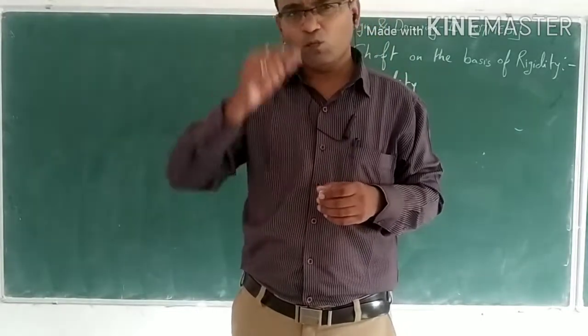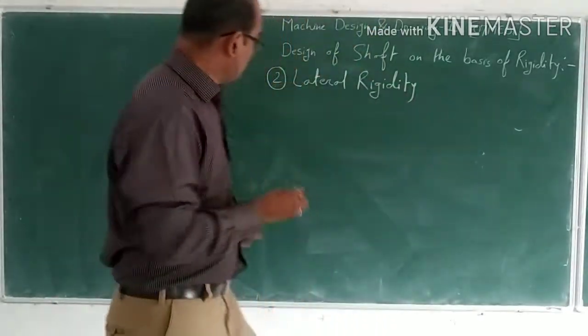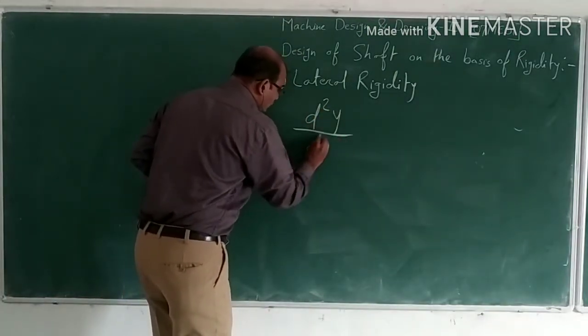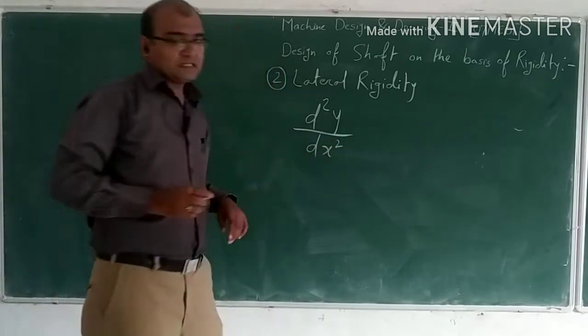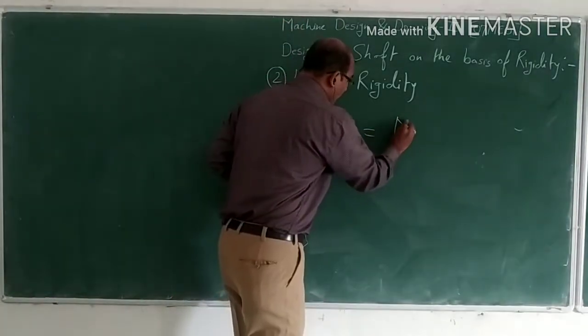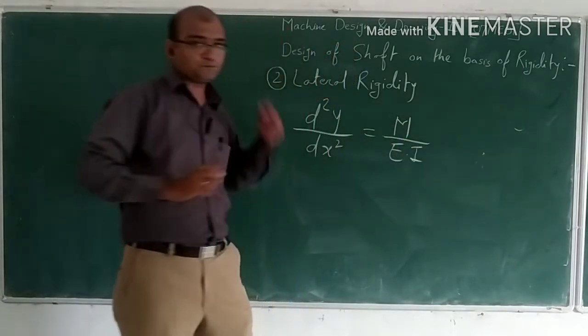Then, what is the elastic curve of a beam? It uses the formula d square y upon dx square equal to M upon EI.